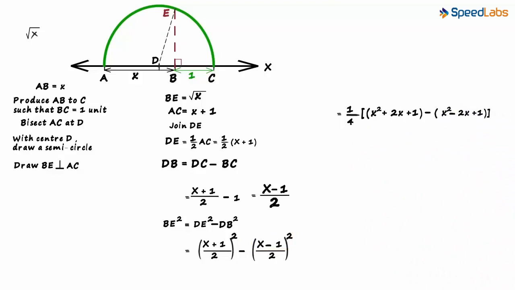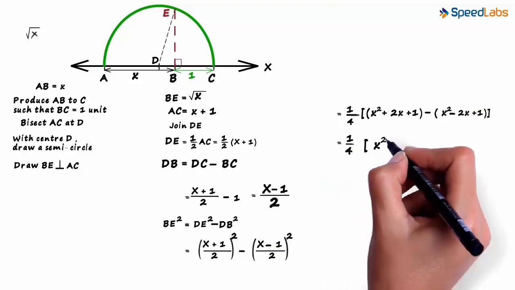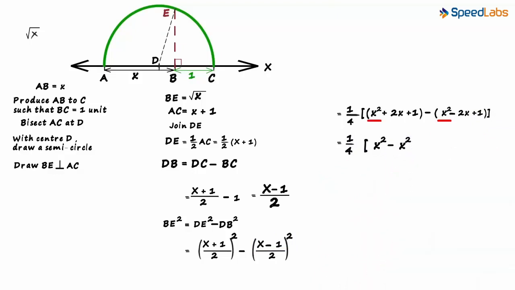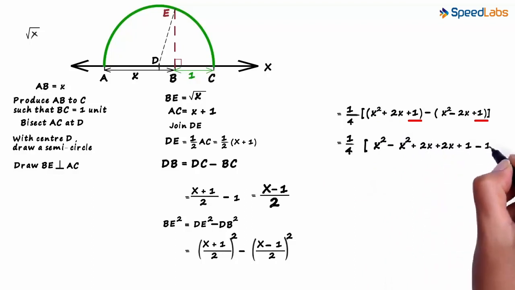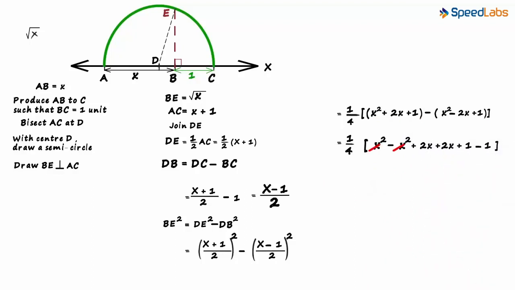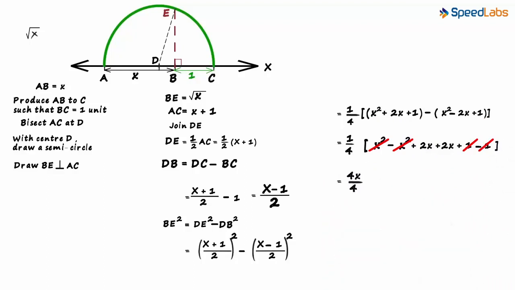Opening up the brackets, we get this expression as 1 by 4 multiplied by x squared minus x squared plus 2x plus 1 minus 1. These two terms and these two terms cancel out, and this expression equals 4x by 4, which equals x.